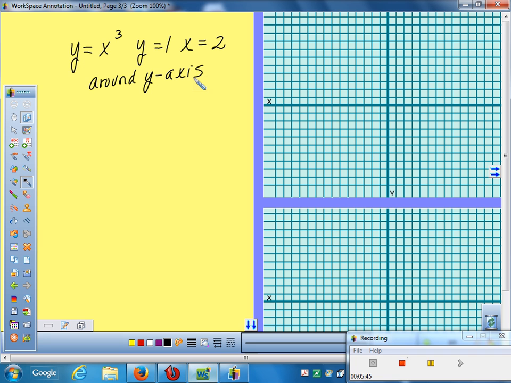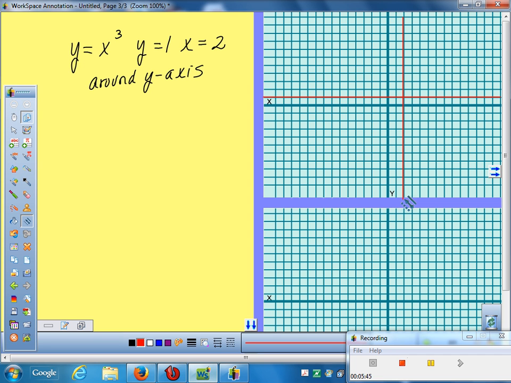All right, how do I graph x cubed? Or do you want to graph that first? Do you want to graph the lines first? The lines do give you some boundary. It doesn't really matter. So I would need to graph y equals 1, which would be horizontal. Still in red. x equals 2 would be vertical.